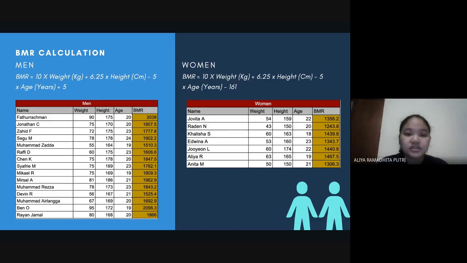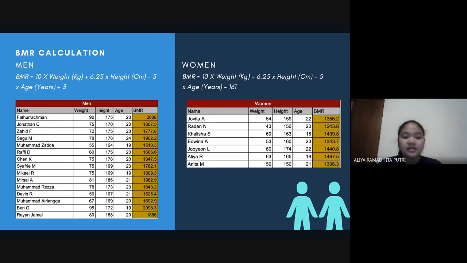So for example, I'm going to take an example from Nazla because she has zero exercise. So she is included in the sedentary or little or no exercise category.